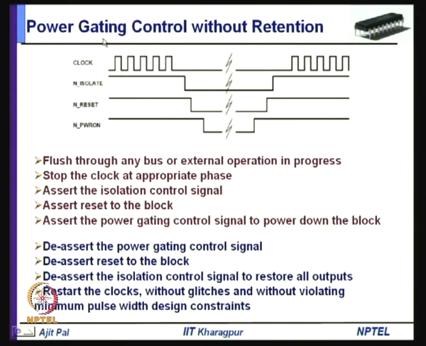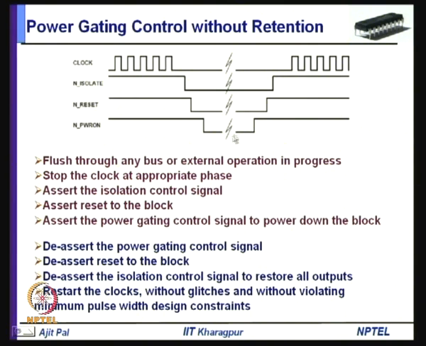And the power gating controller will generate the sequence. When power gating has to be done, you can see the control signals are generated in sequence. First you do the isolation signal, then you do reset after it has been isolated, then you do power gating, that means the switches are turned off, and during this period the circuit is in power gated condition.